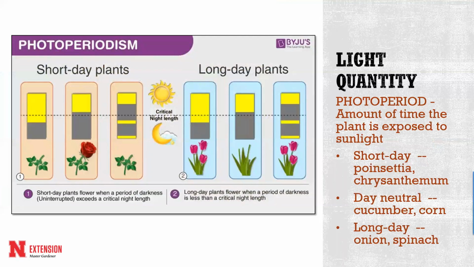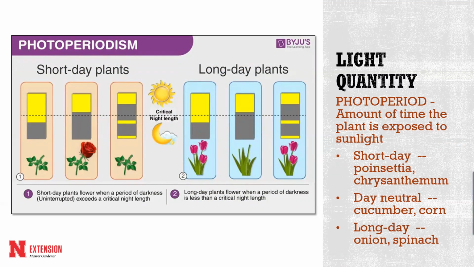So the next thing we're going to look at when we're talking about light quantity is the photoperiod. This is the amount of time that the plant is exposed to sunlight. Plants respond differently to the amount of sun they're exposed to.